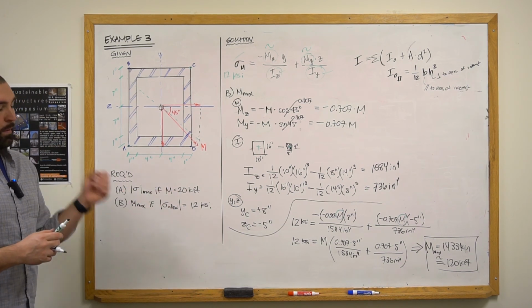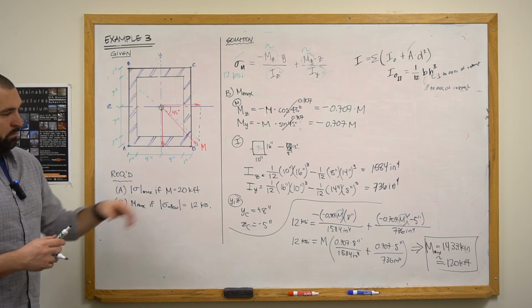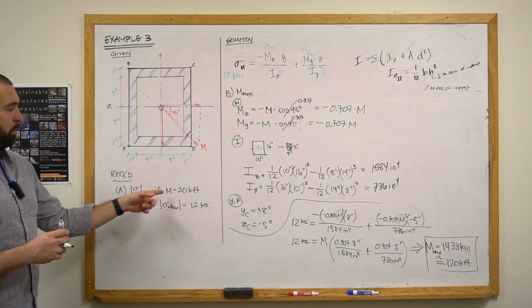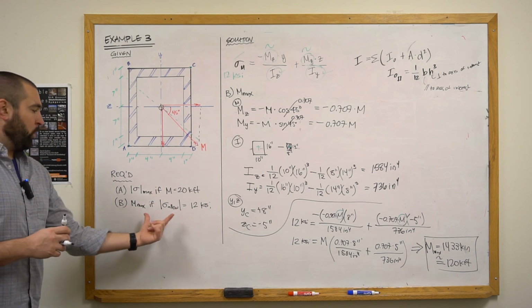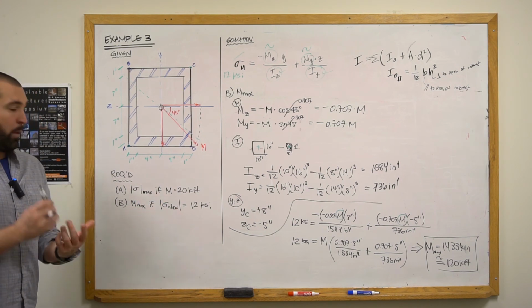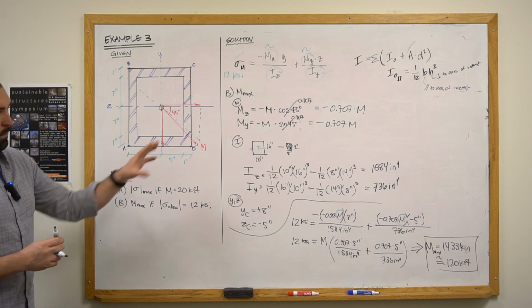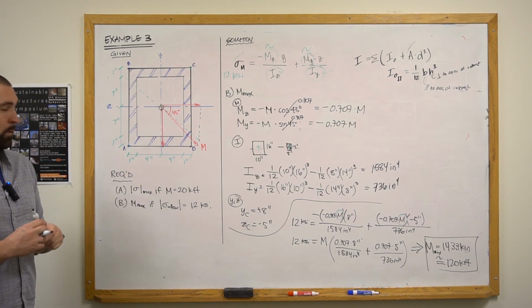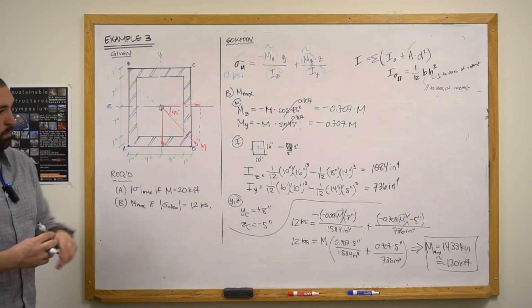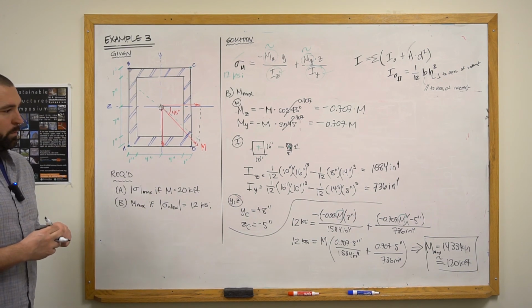So you could have gone about it that way, but because there is a linear relationship between moment and stress, you could have said, well, the relationship here would have to hold true for the relationship here. That would have been a fine way to go about it, but also going about it this way, if you hadn't done part A first, you would need to go through the equation just like before.